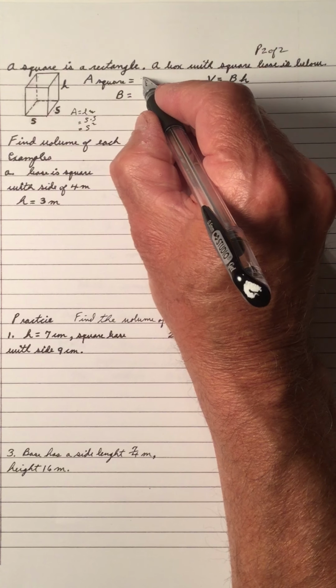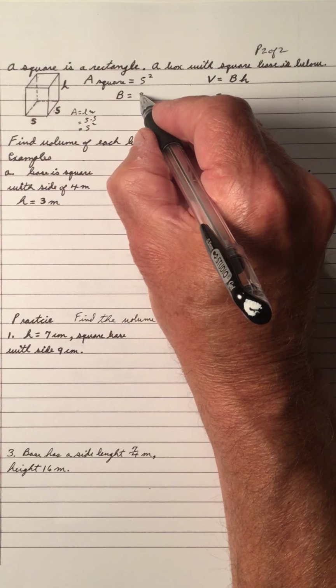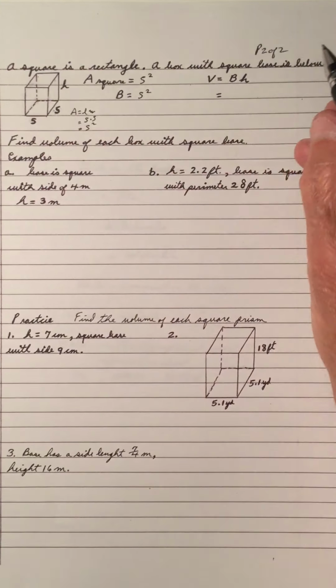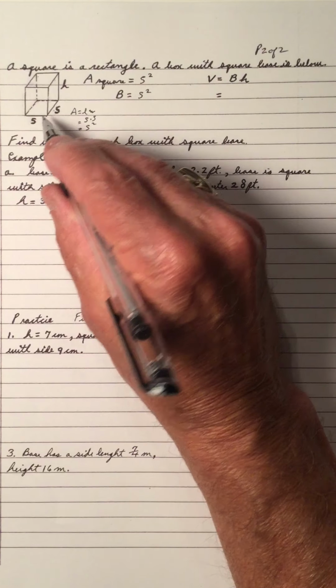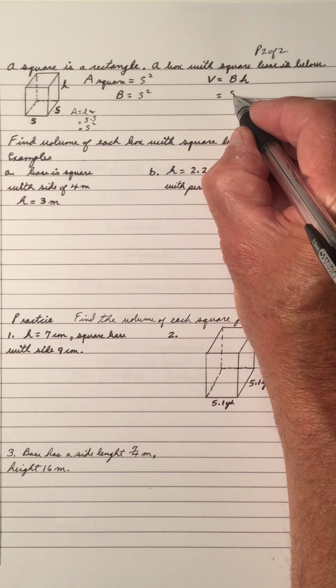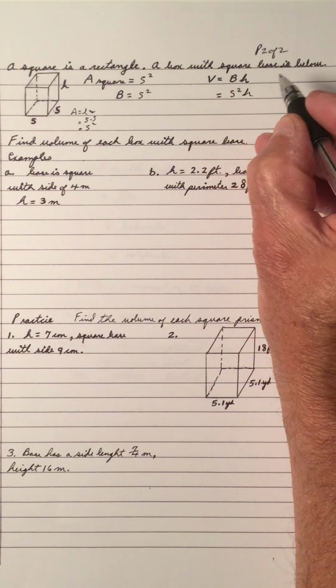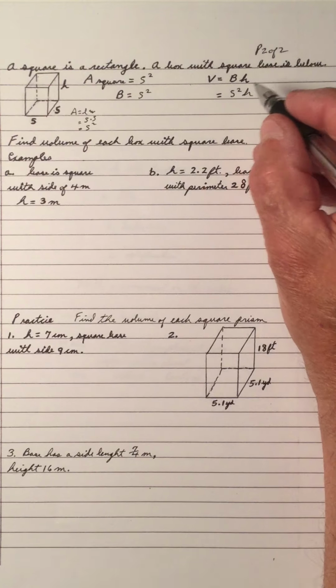So the base area is S squared for this box, which means the formula for this square prism is base area, which is S squared, times H. It's like length times width times height, but the length and the width are the same, so we call it S squared H.